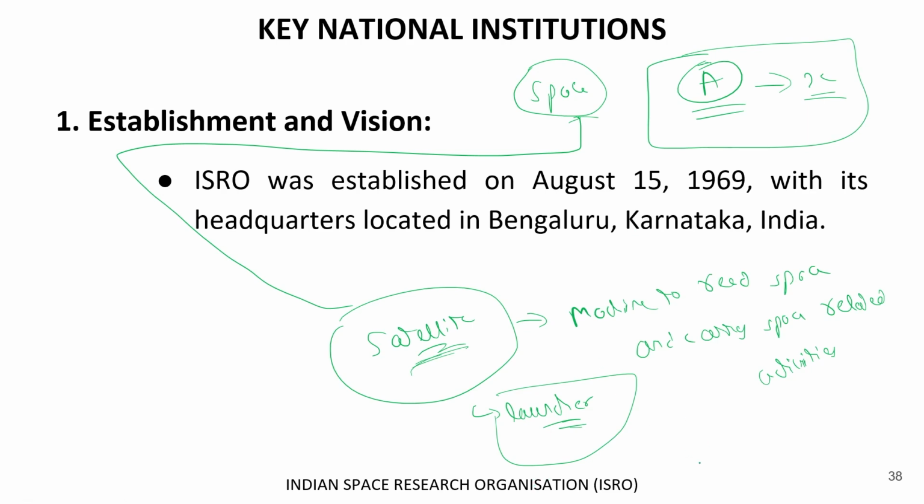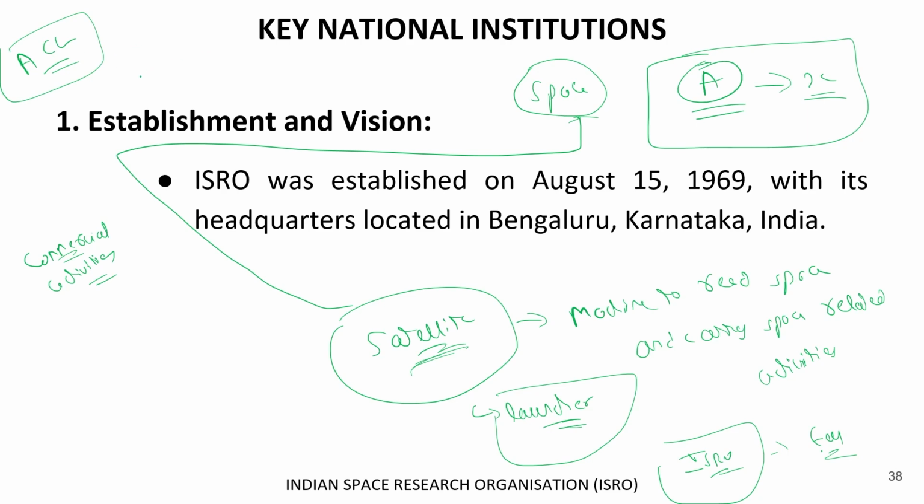Now they will reach out to ISRO after seeing the commercialization, the marketing strategy and the technology of ISRO, and they will give some money to ISRO, which is the fee charged by ISRO for launching this satellite. This kind of condition is known as commercial activities, and this is handled by ACL, Antrix Corporation Limited, which is the marketing and commercial arm of ISRO.